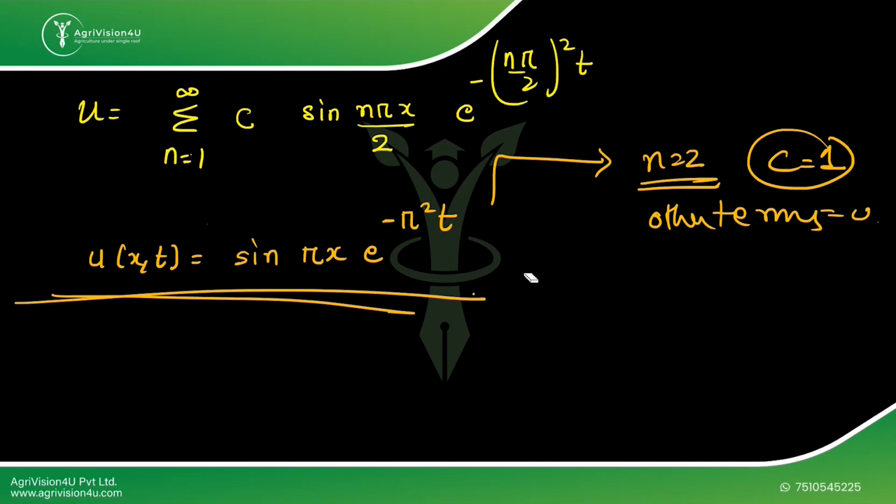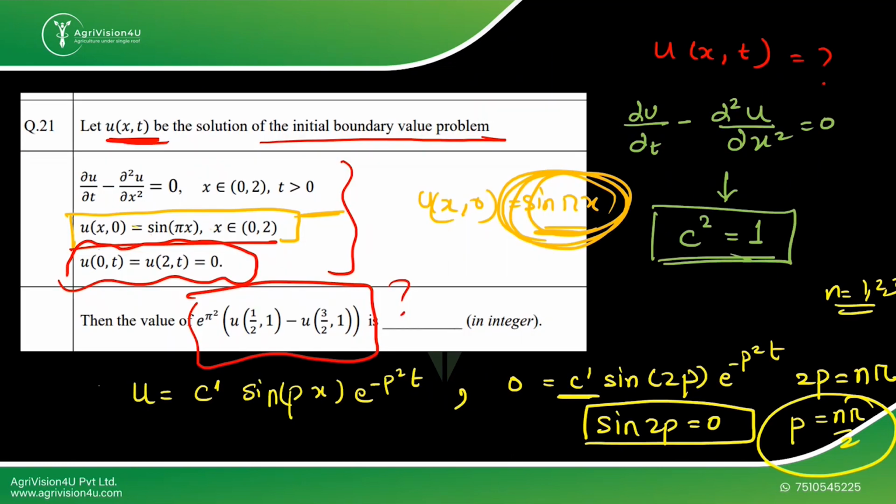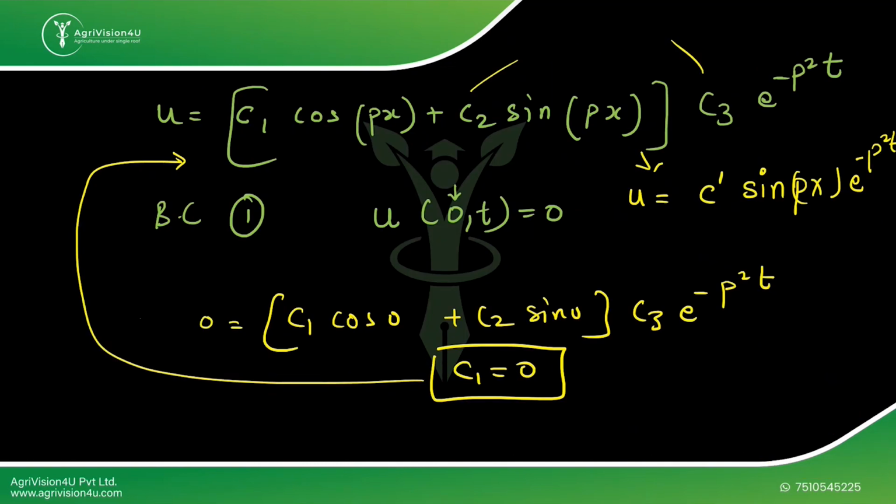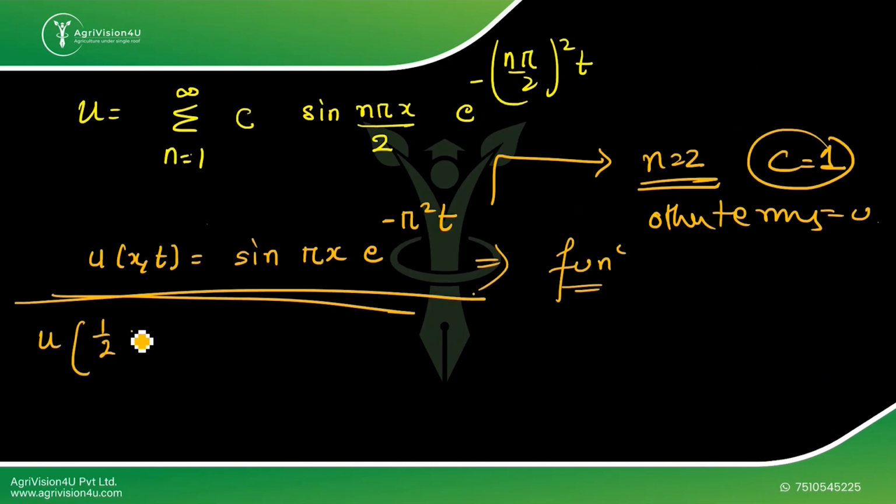Now you get the expression, or you can say the function. Now you can use this function to calculate the given expression, with u at some x value and t value, and similarly another x value and t value. First of all, you can calculate u at 1 by 2 and 1.